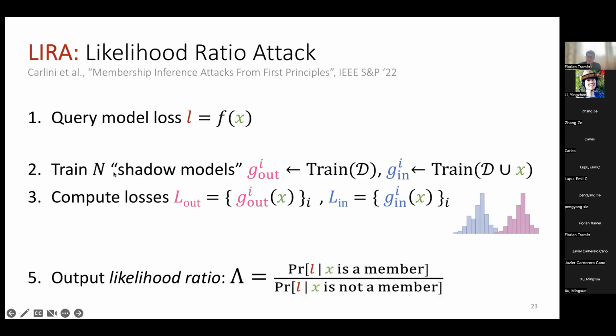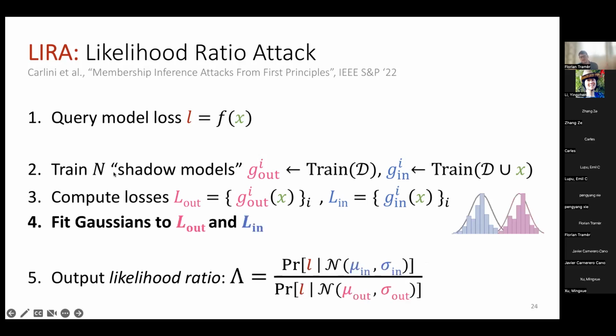So now we have these discrete distributions, and the next step, which maybe doesn't look super important, but is actually very important to get the attack to work well, is that we move from these discrete distributions to continuous distributions by fitting Gaussian distributions to these losses. So we take the hundreds of shadow models we have trained, we measure the mean and standard deviation of the model losses, whether an example was in the training set or not.